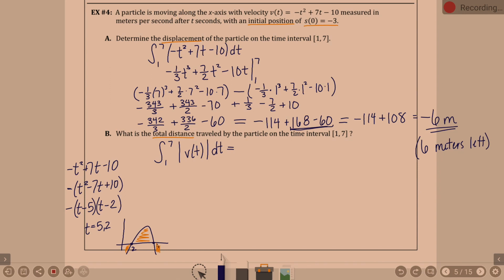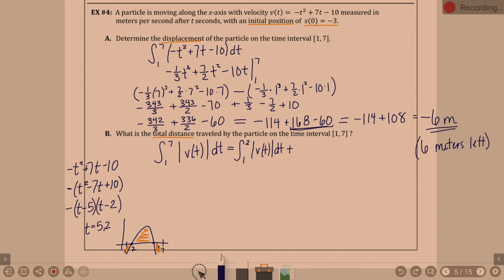Since it's the absolute value, I'm trying to get you to realize we break it into those pieces. So the first piece is going to go from one to two because it's the piece that's below. So it's the absolute value of the integral of v of t from 1 to 2.